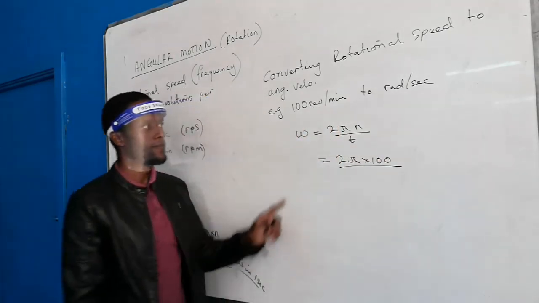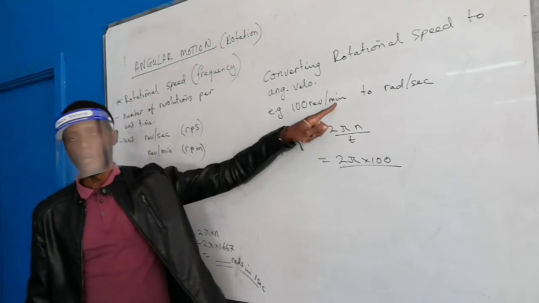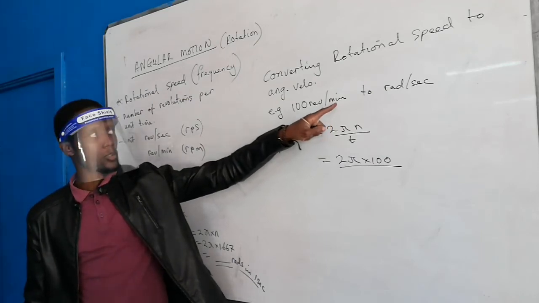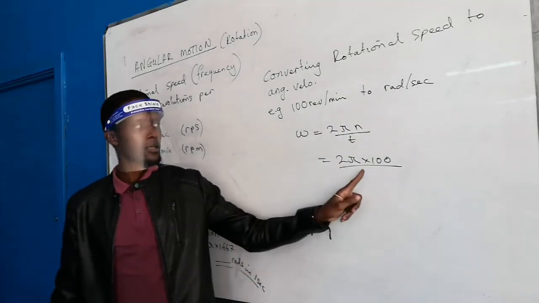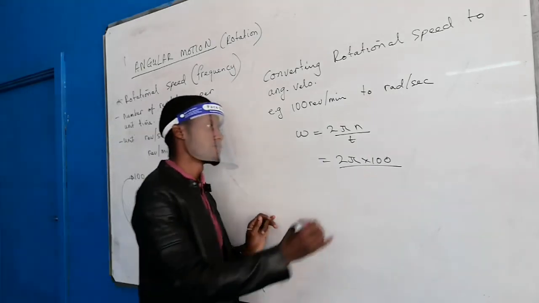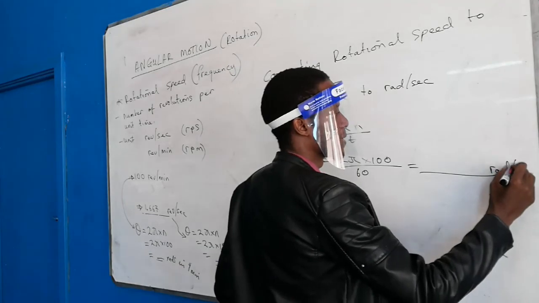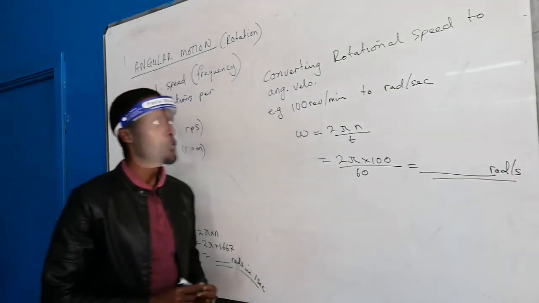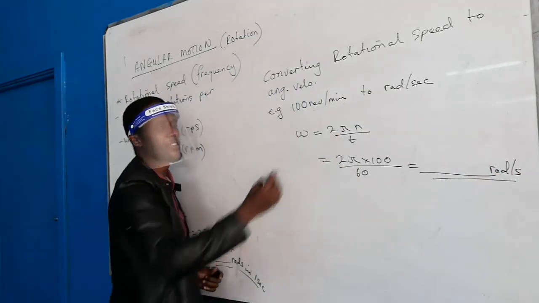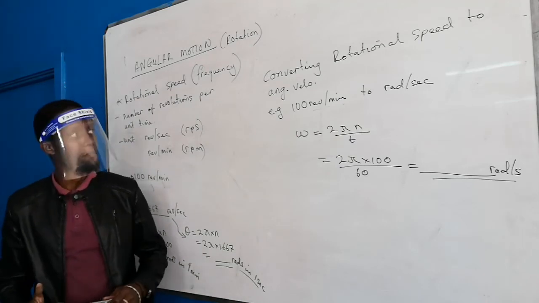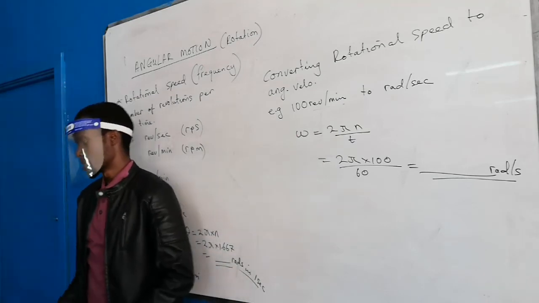What is the time? 1 minute, so you change it to seconds: 60. Whatever answer you get will be rads per second. You have managed to convert this 100 revs per minute to rads per second.